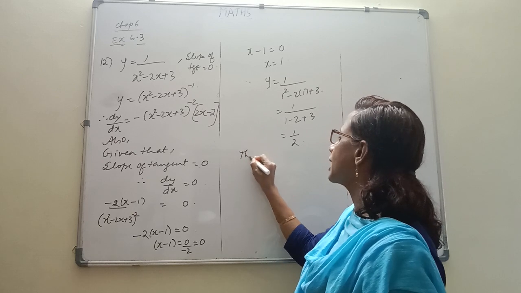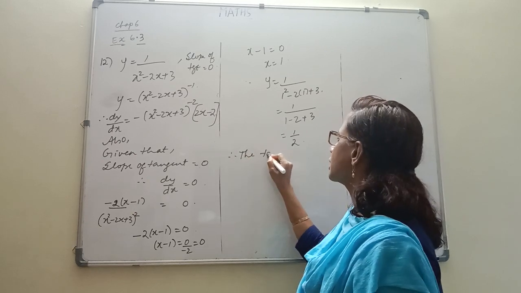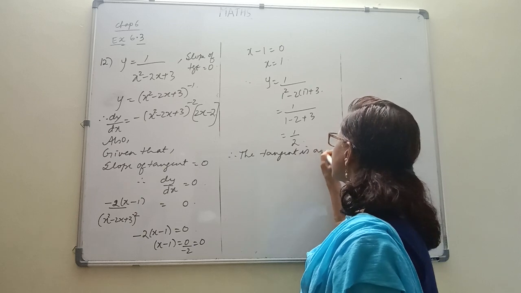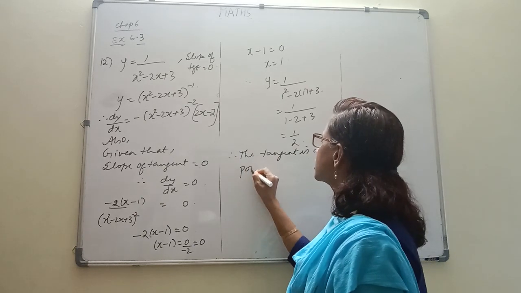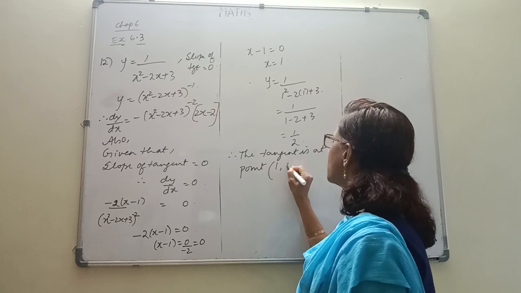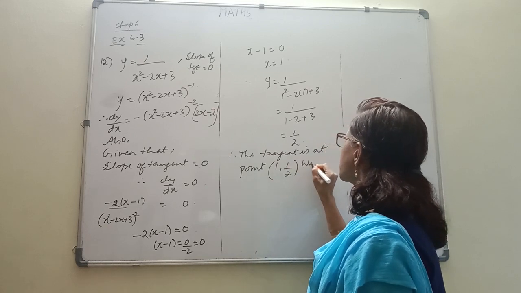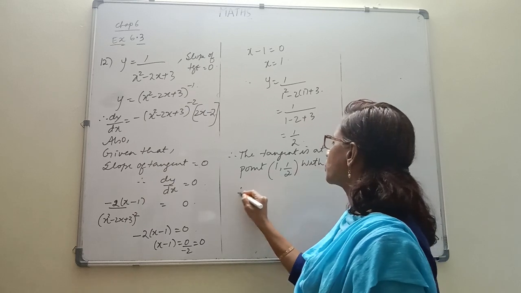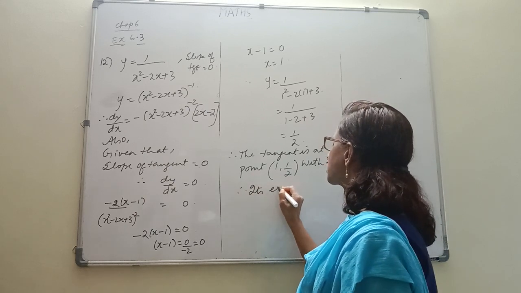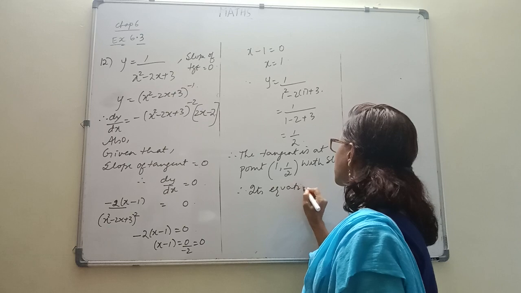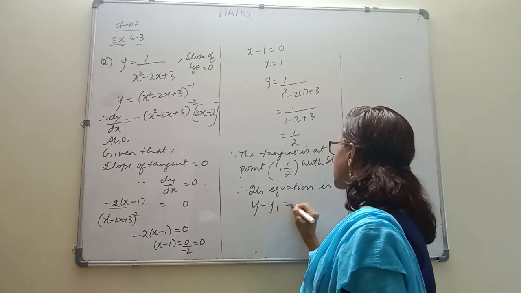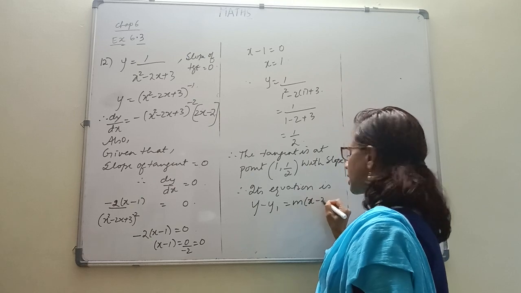So the tangent is at the point 1 comma half with slope 0. Therefore, its equation is, as we know, y minus y1 equals m times x minus x1.